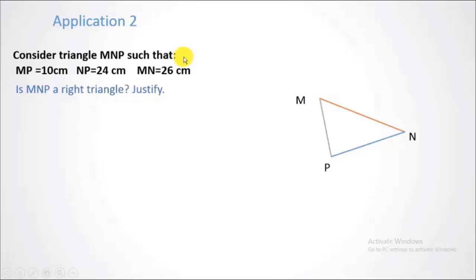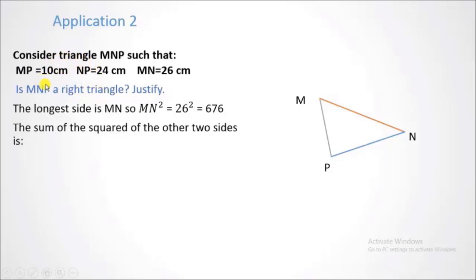Then we have to find the square of the longest side, which is 26 squared, 676. Now we have to find the sum of the squares of the other two sides. So MP squared plus NP squared is equal to 10 squared plus 24 squared, which is 100 plus 576, 676.